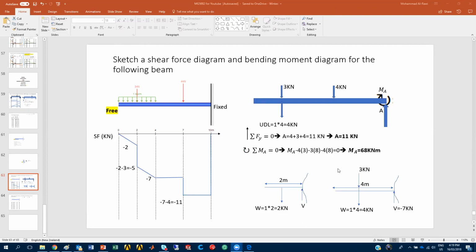Okay, there's a question. Why is there a -7? The -7, because you have 3 and 4. Adding these together will be the summation of forces in the y direction.